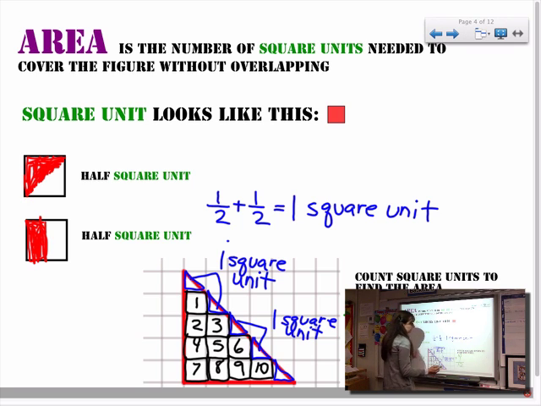So we would say that the area of this figure, I'm going to switch colors just so that we can keep it separate, the area in this example equals 12 and a half square units.